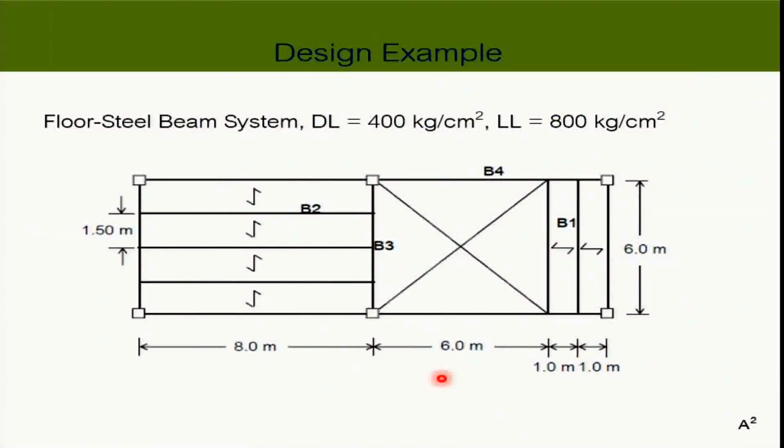Now, it's just the example that I set up to demonstrate the behavior of the beam in many cases. Let's say it's a steel beam with a concrete floor, and that's a one-way slab in that direction. So that means B2 should be automatically braced by the concrete floor.